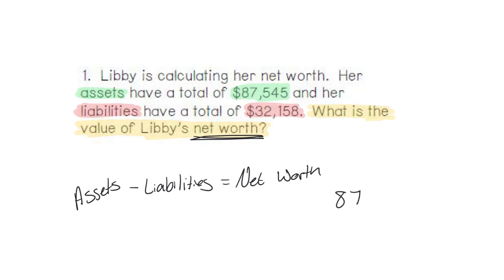So 87,545 minus 32,158 should give me her net worth. I just need to now do the math.